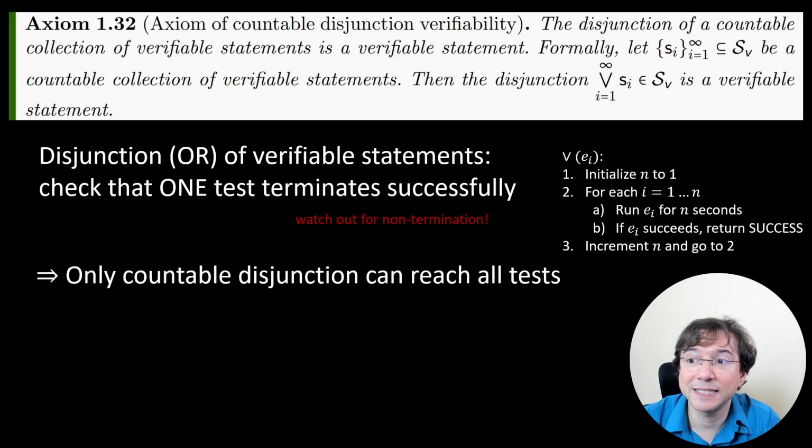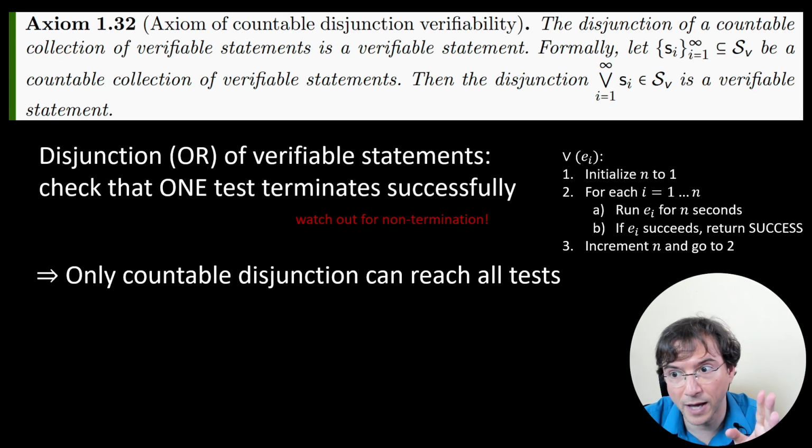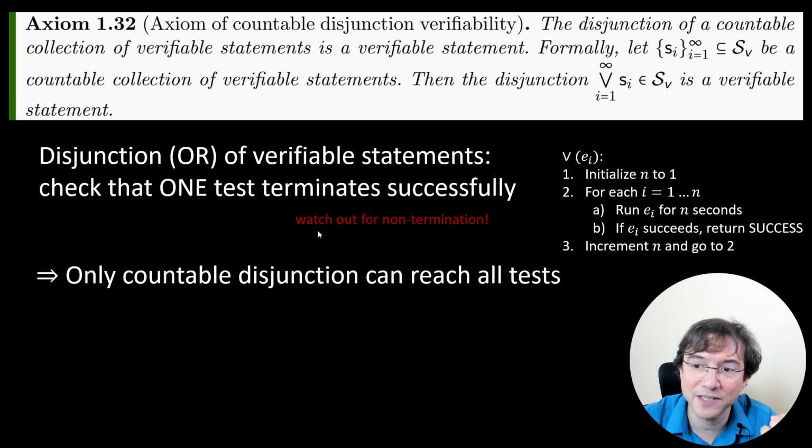Now instead, let's say that we have a disjunction, right? With the disjunction, in principle, we can do the same. We can imagine having all these statements and then testing them one by one. In this case, we only have to check that one test terminates successfully.